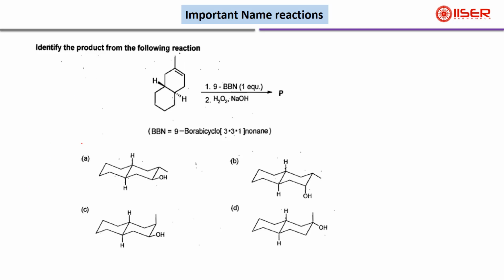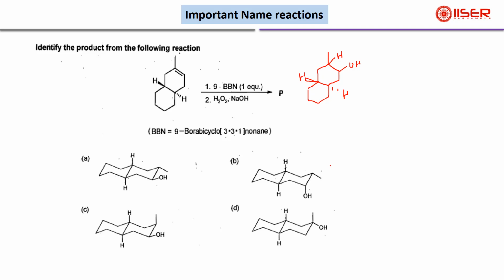So this will undergo a hydroboration reaction. In the hydroboration reaction, the OH will be on the less bulky side and H will be on the more bulky side.